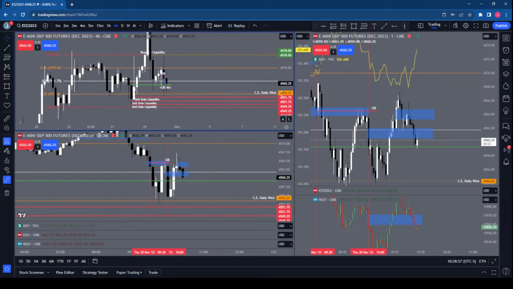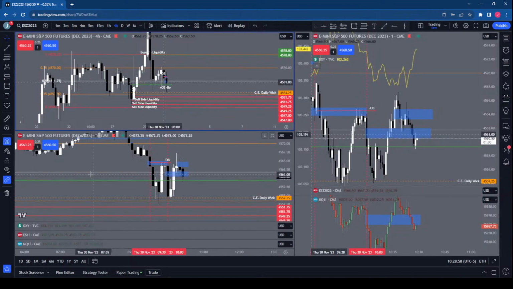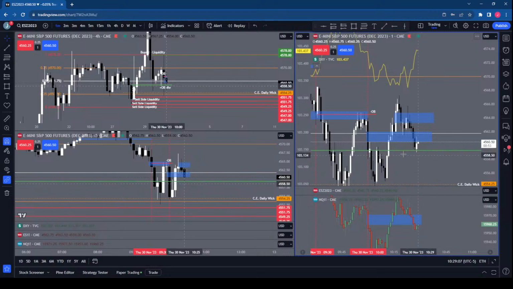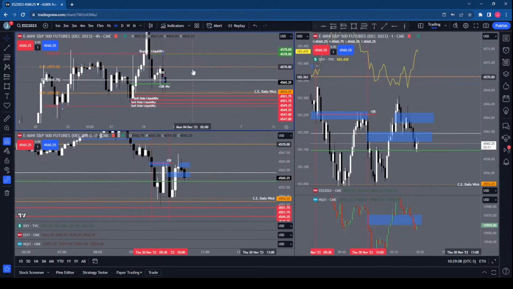And like I said, this white line, this 50% of this range, is probably the least probable if we're in a consolidation.